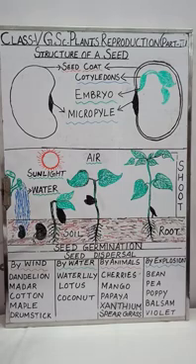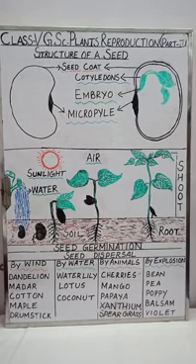Then the plumule grows upwards to form the shoot. Gradually, tiny green leaves develop on the shoot. Once the green leaves develop, they start making food by the process of photosynthesis. Before this, the growing seedling receives nutrients from the cotyledons.